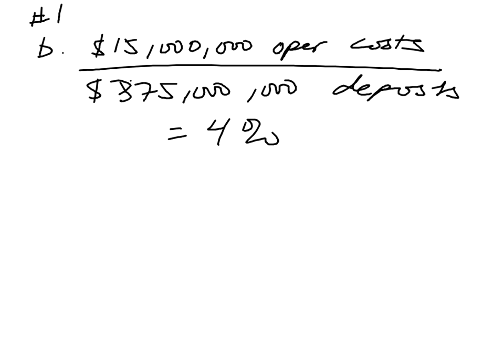So just in case you're wondering where that 4% came from in the fact pattern, that's all I did. 15 million in operating costs divided by 375 million in deposits.